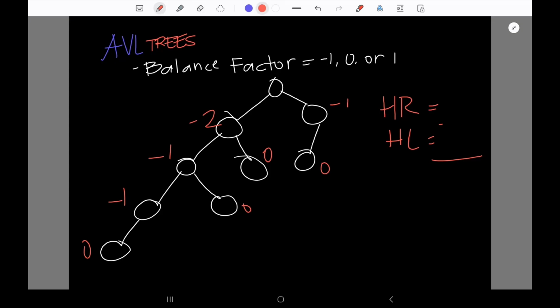But the right side we have 1, 2. So 2. How about its left side? We have 1, 2, 3, 4. So we have 4. 2 minus 4 is negative 2.